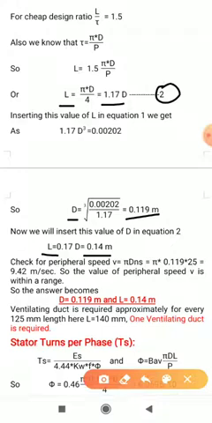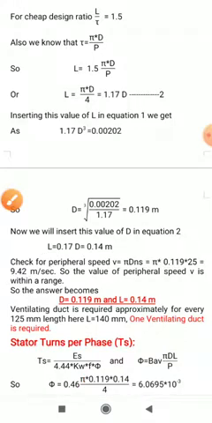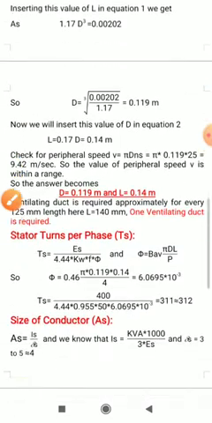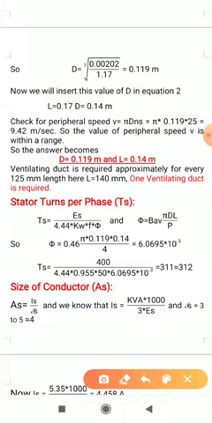And if we check these two values at the peripheral speed, then V is equal to pi D NS, where D is 0.119, and if you calculate this, you will get 9.42 meter per second, which is less than 30 meter per second. So the calculated values of D and L are accepted, and our final answer for the main dimensions is D equal to 0.119 and L equal to 0.14 meter.